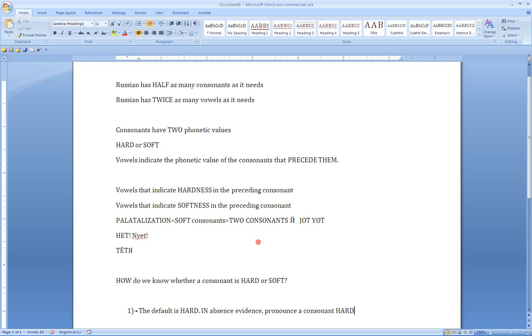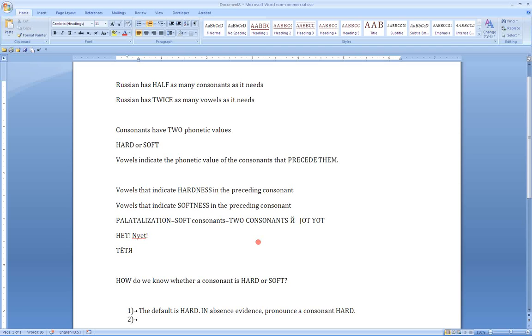Yeah? So only if you have a reason to pronounce it soft do you pronounce it soft. Otherwise, just assume it's hard. Yeah. So again, we're talking theoretically here. We're kind of trying to sketch out some rules, and it'll make a lot more sense in class when we actually are sitting there working through these words. So the first rule is, unless you have information contrary-wise, assume that the consonant is hard.